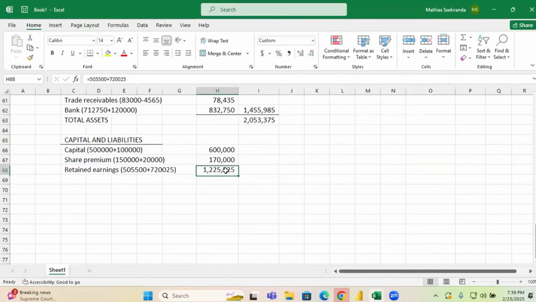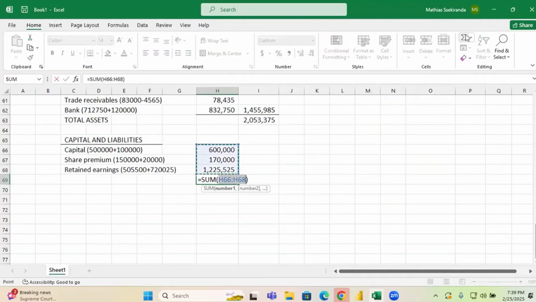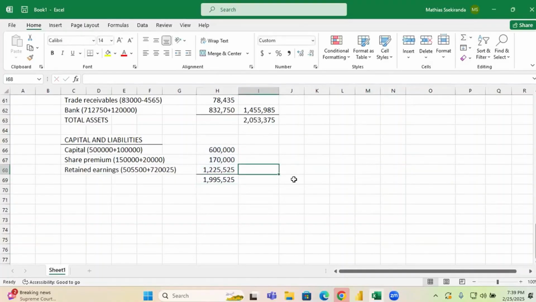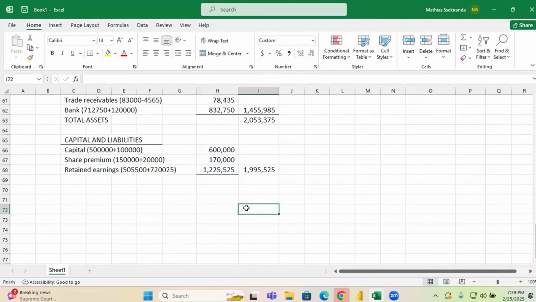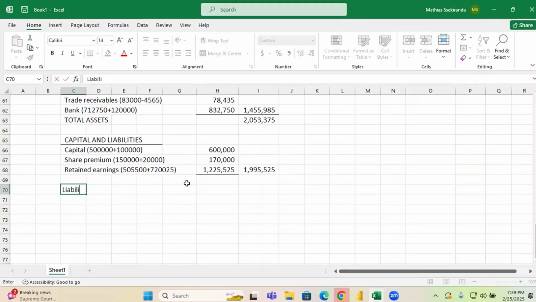So our closing total capital will be 199,525. Then I go to liabilities.